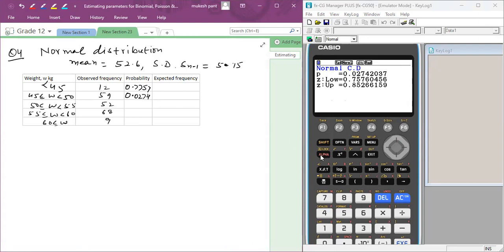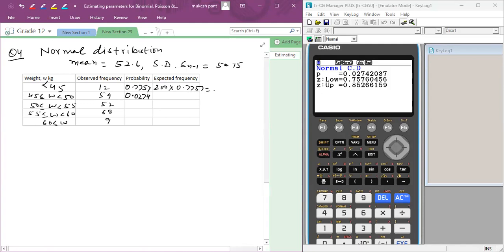This way you find the probability for all of them. For the expected frequency, we have a total of 200, so you write 200 times 0.7757, and this will be the first entry of the expected frequency.